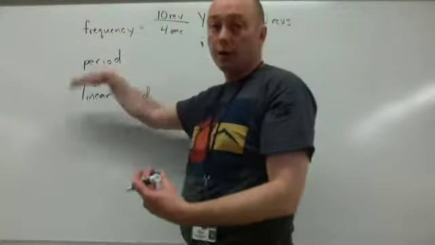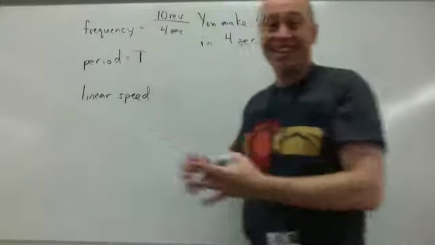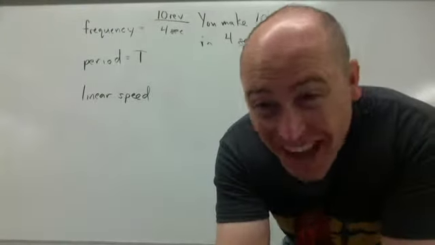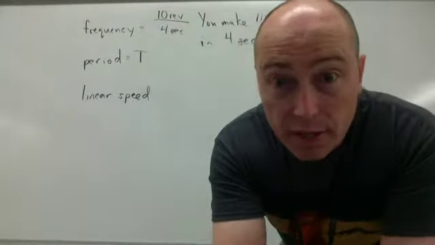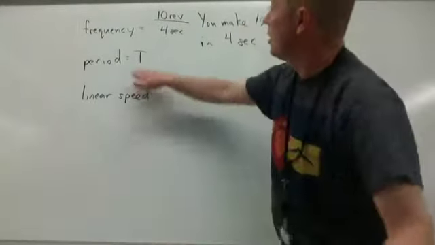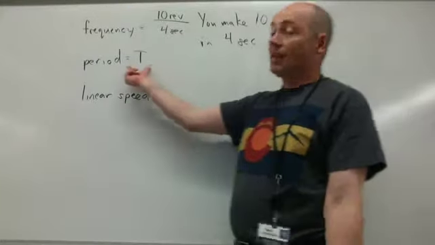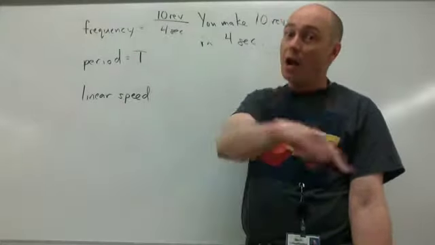The second one, period. Period is a capital T. Why is it a capital T? Because it's a special time. Right now, what time is it? It's second period, so that is a specific time during the day. If we're talking about the period of something moving in a circle, it's a specific time: the time it takes to go around a circle.